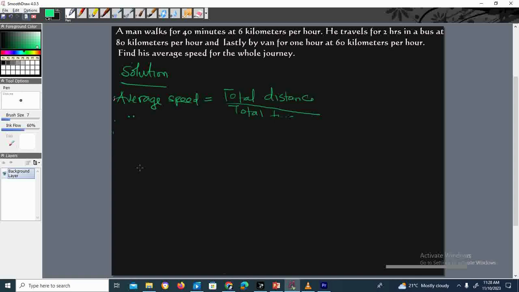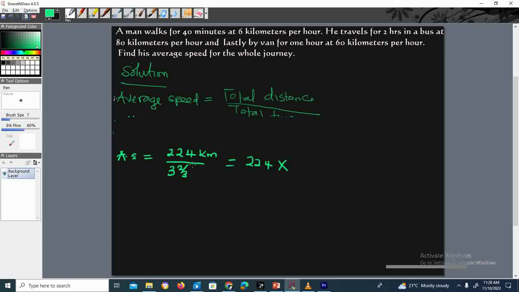so now the average speed is going to be given by the total distance, 224 kilometers, divided by the total time, 3 hours and 2/3. Solving this will be the same as 224 multiplied by, we convert this to an improper fraction: 3 times 3 is 9, plus 2, that would be 11.